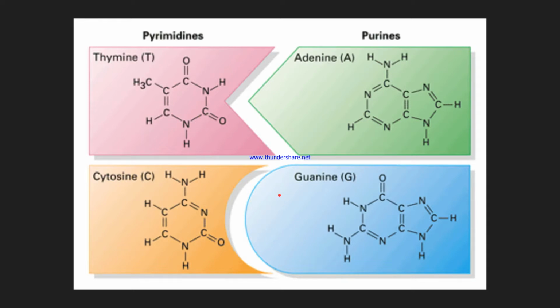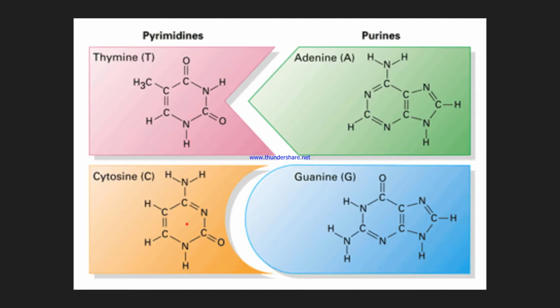Now, what you do need to know about the chemical structure is this. Adenine and guanine are called purines, which means they have two rings fused together. Thymine and cytosine are going to be called pyrimidines because they have one ring.